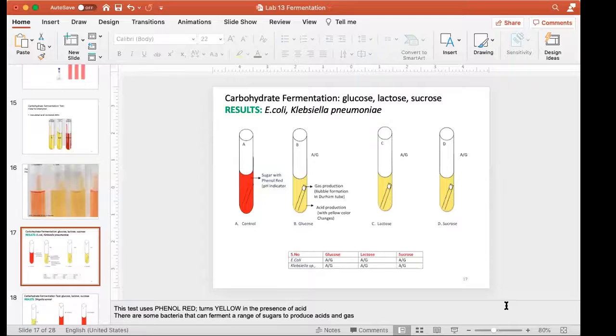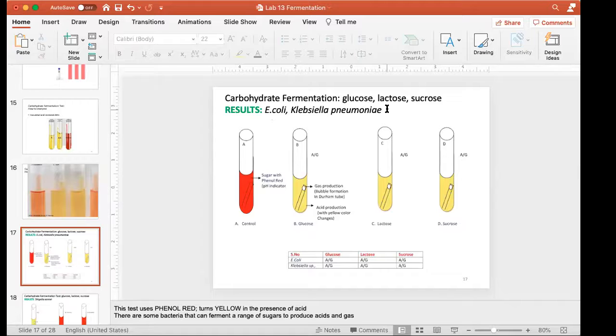So here's our first comparison. This is between E. coli and Klebsiella. Remember, I said there are 3 gram-negative coliforms that we're looking at today: E. coli, Enterobacter, and Klebsiella. I'm leaving the Enterobacter out for right now, and there's a reason for that.